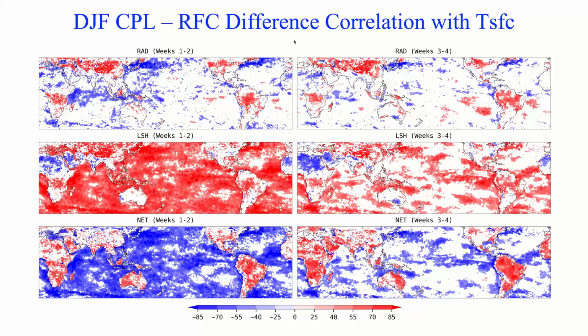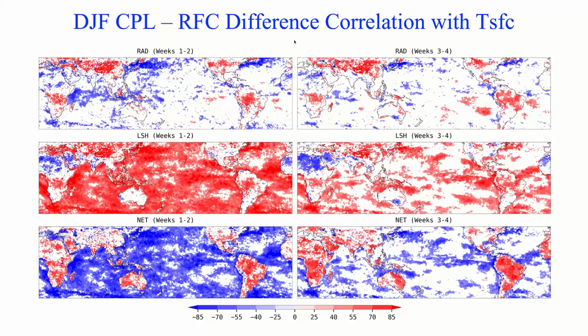But when you look at the net energy budget, you see that it is negative everywhere. What does this mean? The energy is actually lost from the ocean to the atmosphere. So you need some energy supply to maintain the SST still warming in weeks 3 and 4.